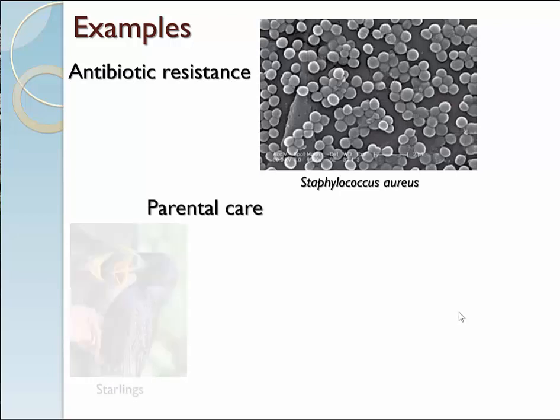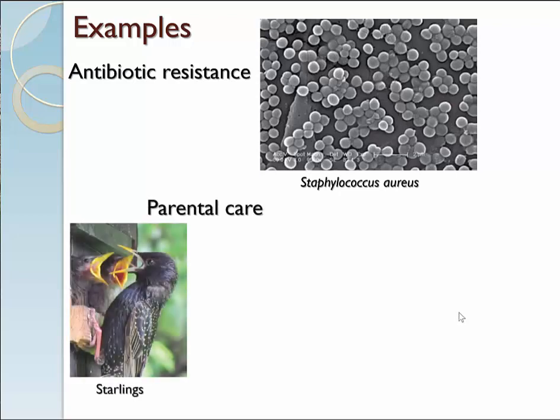Another is parental care. Here are starlings, sometimes called the rats of the bird world. They are very prolific. They carry diseases that infect other birds as well as other animals, and they also push out native species.